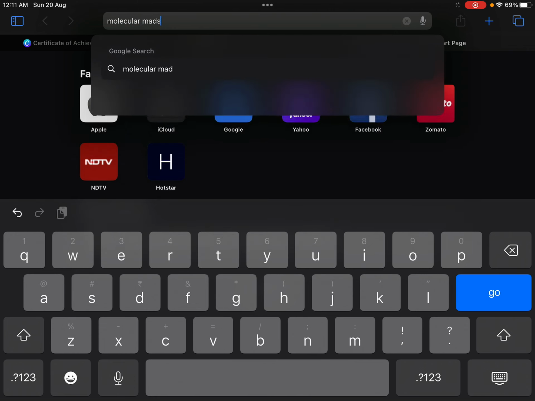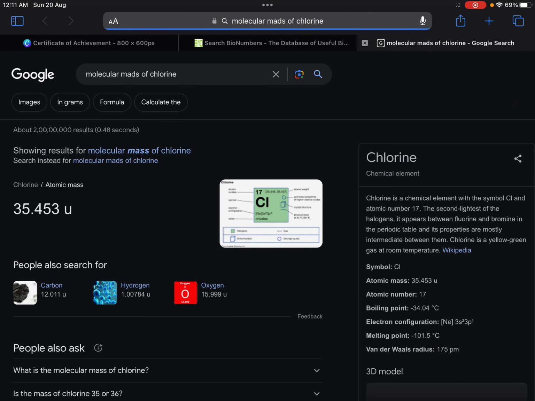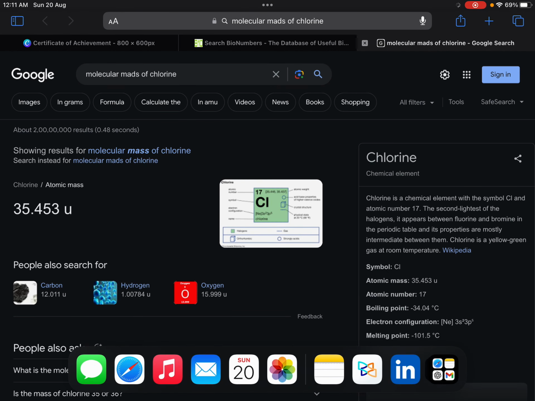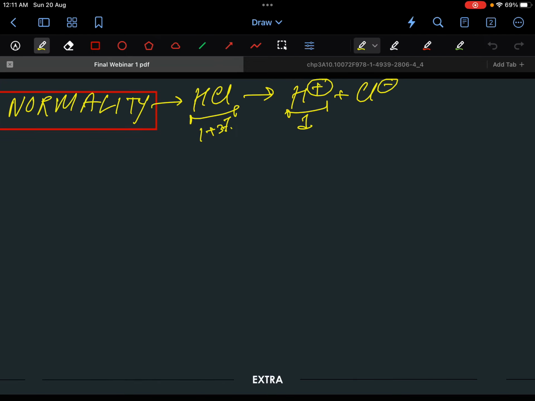Oh, sorry, this is 35. 37 is like an isotope or something. So the mass of chlorine is 35, the total value is 36, and since it is only one mole, the gram equivalent weight will be 36 divided by 1, that is 36.